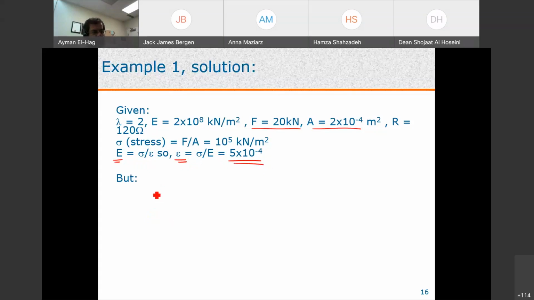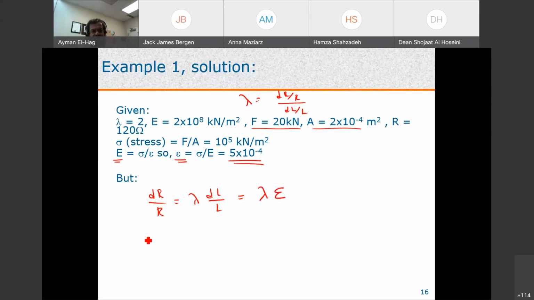Also, we know that dR/R is equal to lambda dL/L. This is from the definition of lambda: lambda is equal to dR/R divided by dL/L. And dL/L is nothing but your strain, which is epsilon.